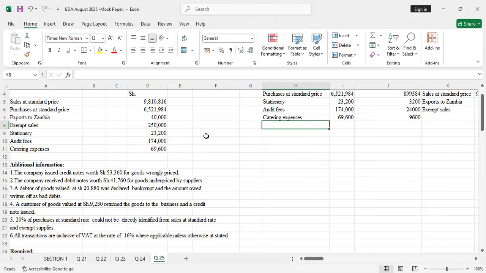So that's credit notes issued. The credit note issued will be an input VAT. Credit notes issued by the company. The amount is 53,360.